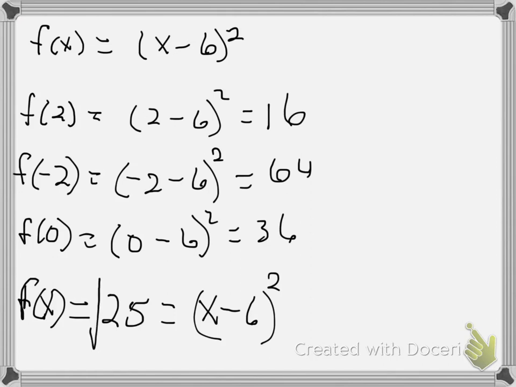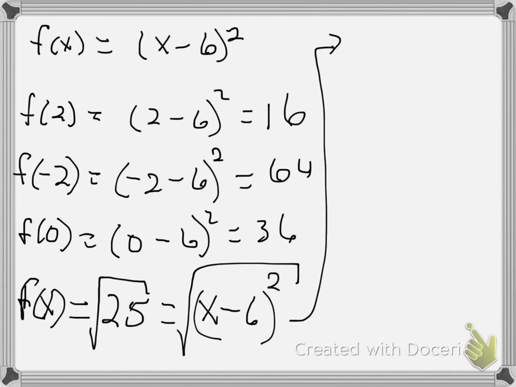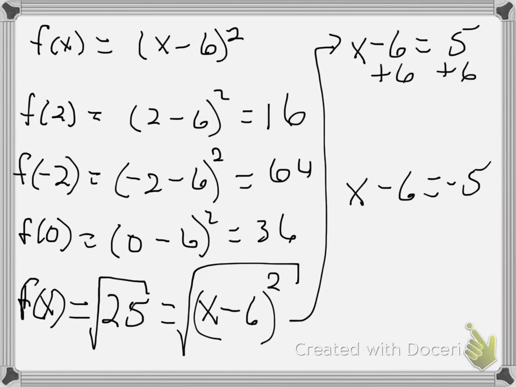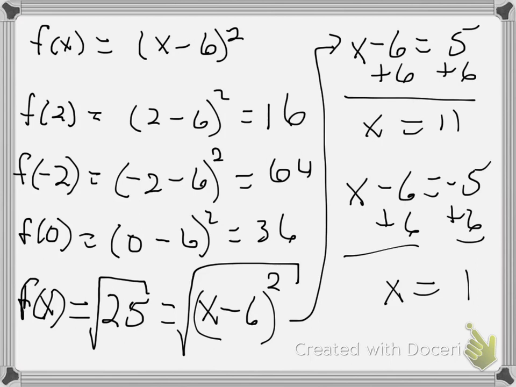So what I can do then is take the square root of each side, and I get x minus 6 equals 5, and x minus 6 equals negative 5 from the square root. Up here I add 6 to each side, and I get x equals 11. Down here I add 6 to each side, and I get x equals 1. And that's how we do that problem.